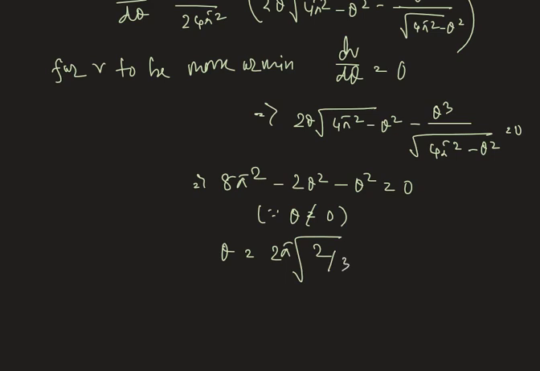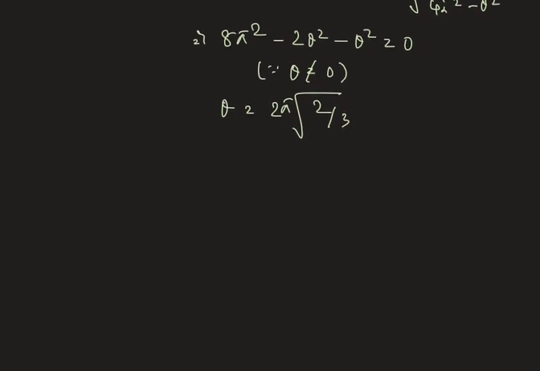So for theta equal to 2 pi root over 2/3, the volume of the cone is maximum. We can check it by taking the double derivative, that is d2V by d theta square at theta equal to 2 pi root over 2/3.